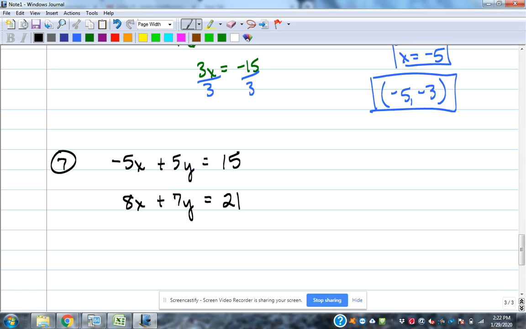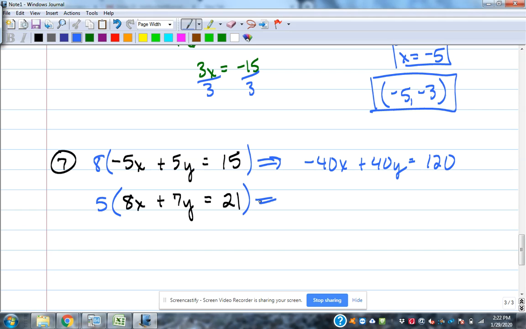So what do we multiply the top one by to turn it into a 40 or a negative 40? 8. And the bottom one by 5. That'll give us negative 40x plus 40y equals 120, and then 40x plus 35y equals 105.